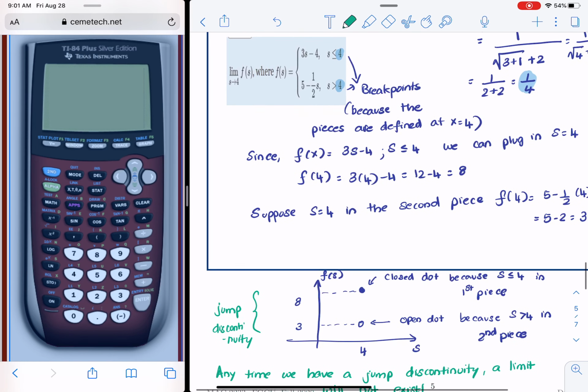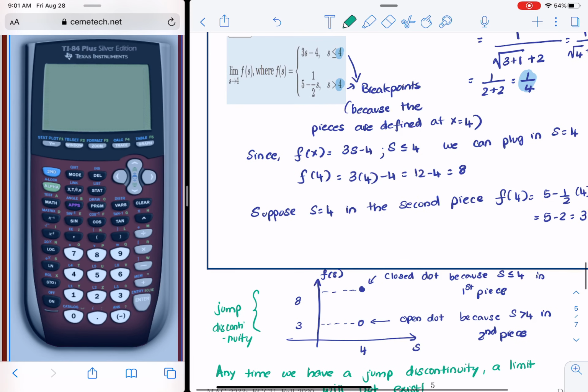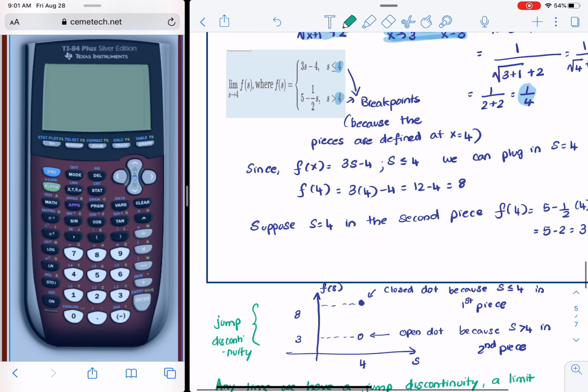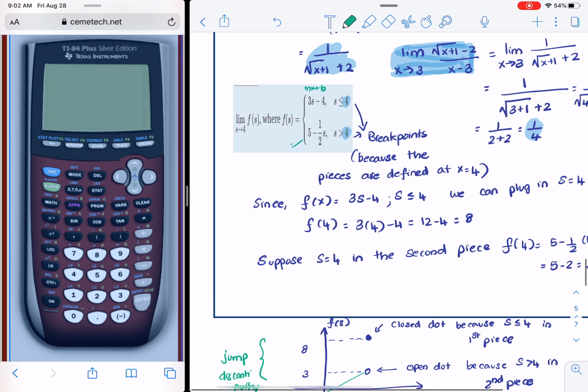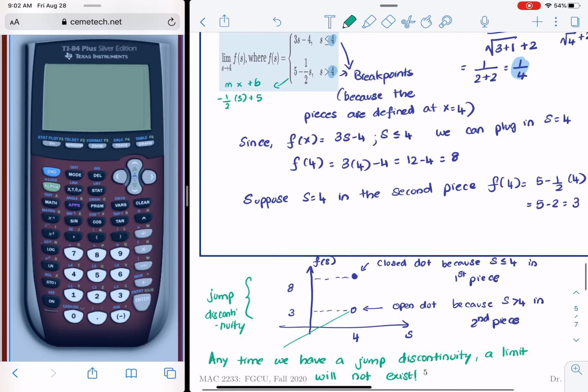If you look at the two pieces, 3s minus 4 is mx plus b, so it is a line. 5 minus 1/2 s is also, if I rewrite that, minus 1/2 s plus 5, mx plus b. That is also a line, but with a decreasing slope.